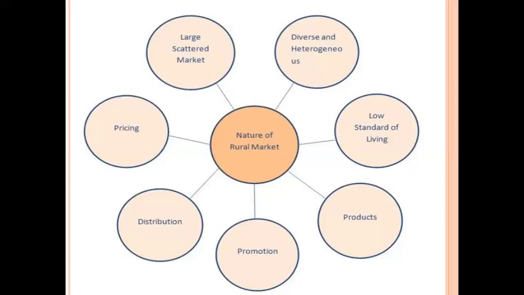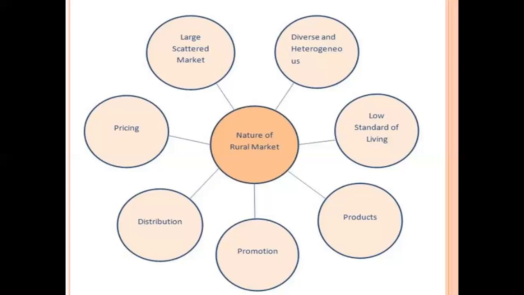And next is distribution. Distribution becomes very crucial for rural areas. Most of the purchases in rural areas are made through retailers and small salesmen. The rural mall culture is still not there in rural Indian markets, and purchases mostly happen from retail outlets.